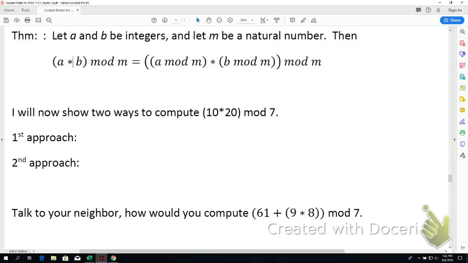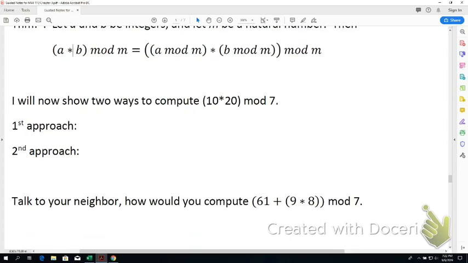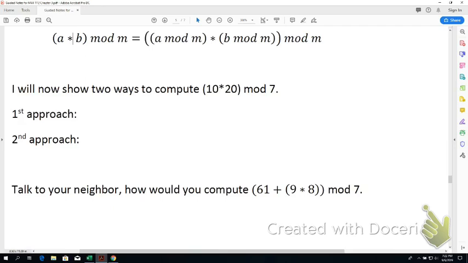We're going to do the first approach again, and then we are going to do it with the formula approach. So 10 times 20 will be 200. So it'll be 200 mod 7.